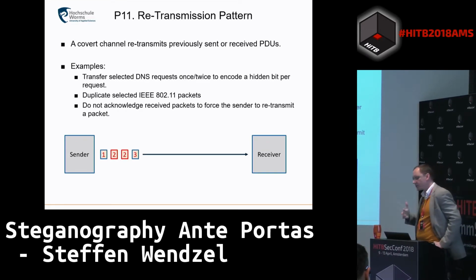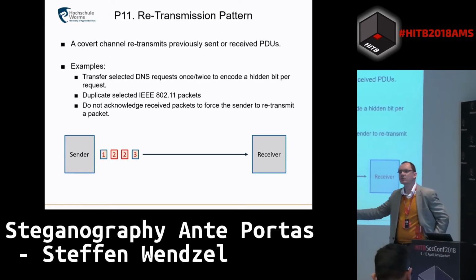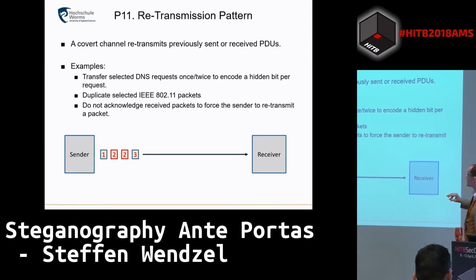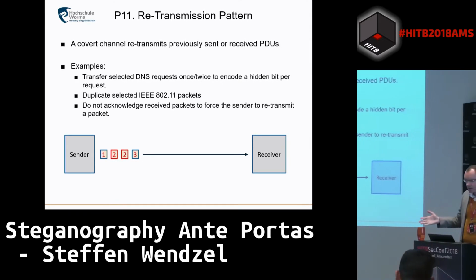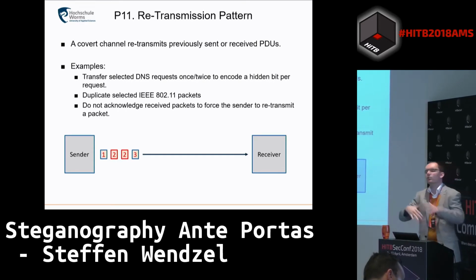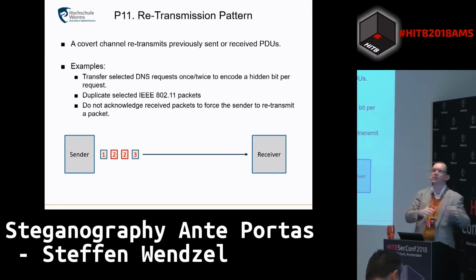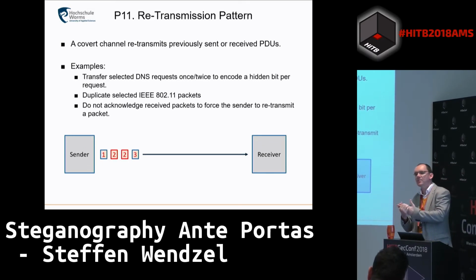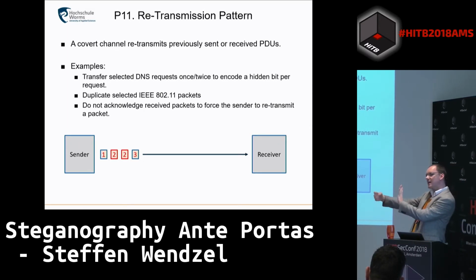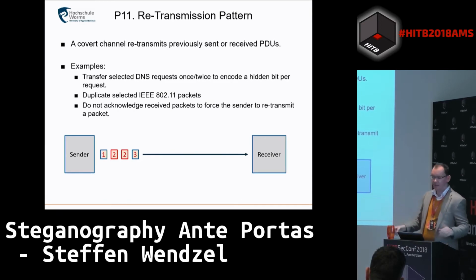Packets are retransmitted all the time because they got lost, so we can do this also for steganographic purposes. Also, the receiver can cause a retransmission at the sender side by just not acknowledging a packet, and then the sender has to send the packet again, but the non-acknowledgement reflects the hidden information. So I send data to someone, and someone tells me, okay, this is a 0 and this is a 1, by not acknowledging my data.